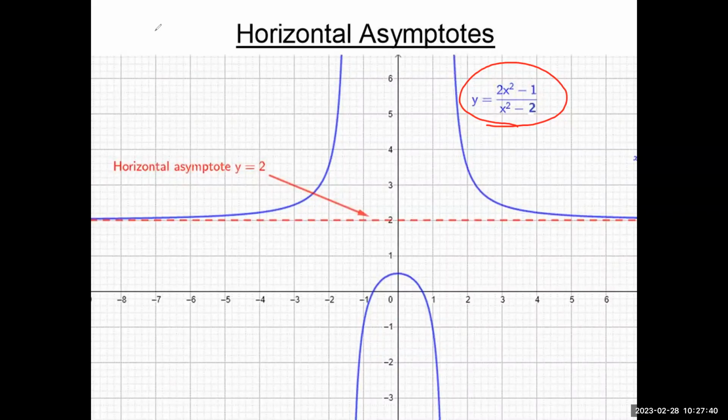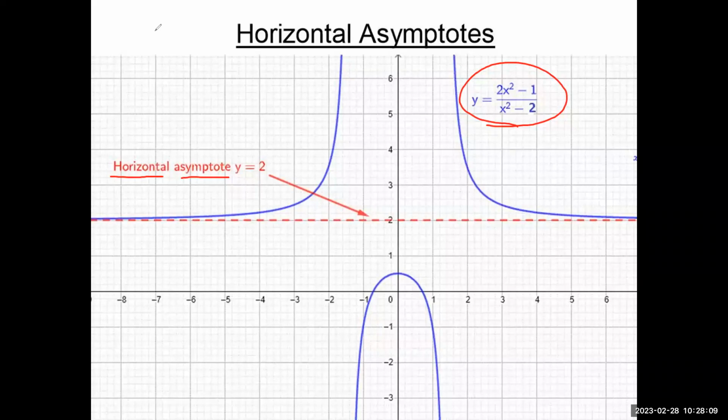They never touch it. That line is called a horizontal, because it's side to side, asymptote. Asymptote, for our purposes right now, is the line that my graph gets closer and closer to. When we get to calculus, we'll learn a slightly different definition for asymptotes. It never actually touches.